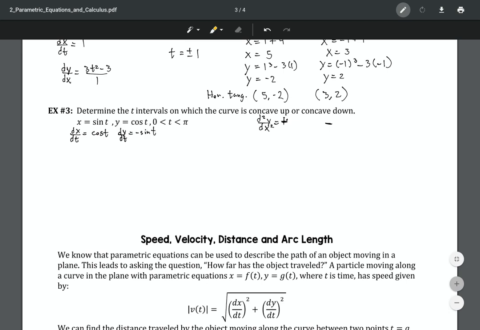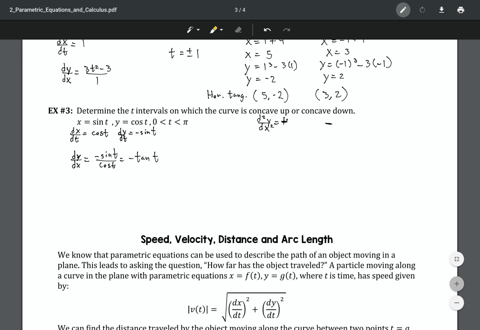So dy over dx is kind of important. The derivative of y with respect to x would be negative sine of t over cosine of t, which is equal to the negative tangent of t. I don't really know if that helps or not. It might be easier to keep it as sine and cosine, but we'll see.